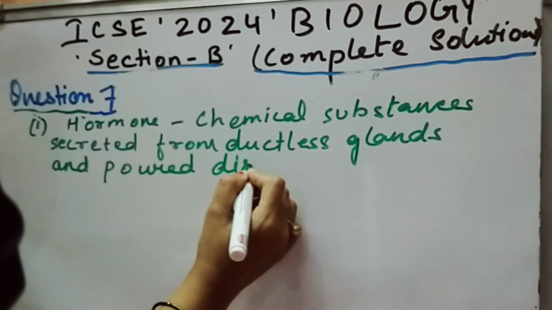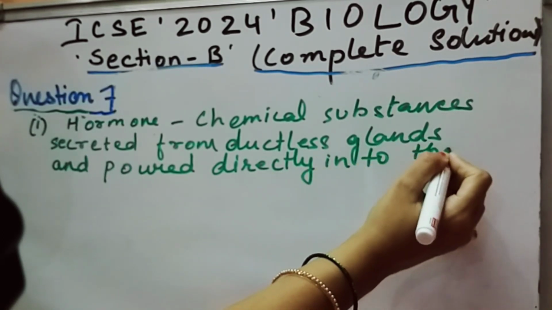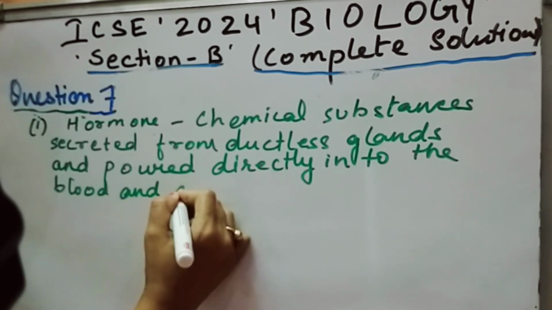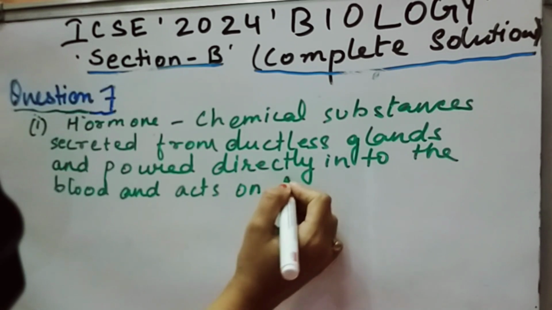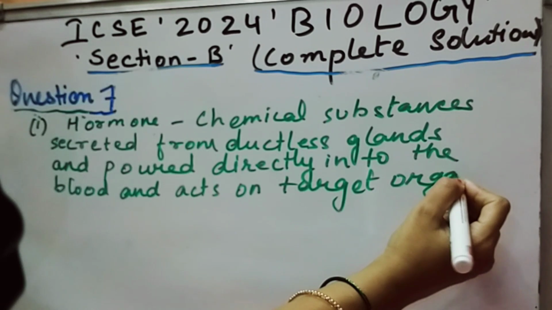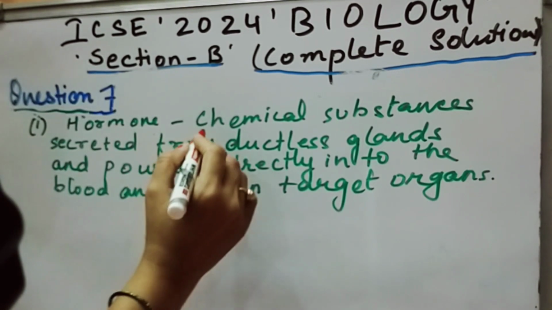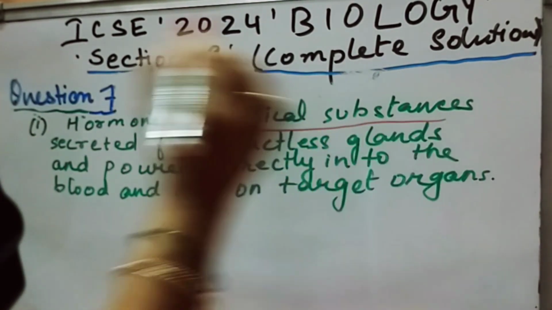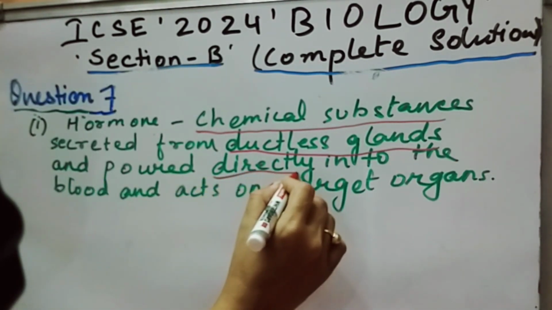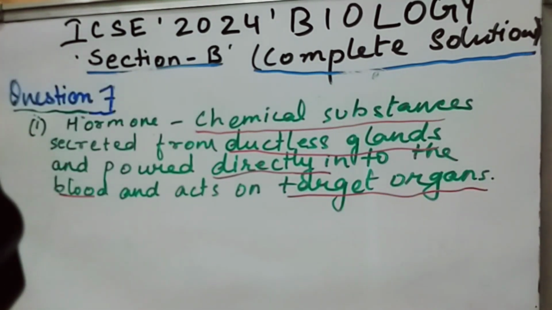And next keyword, acts on target organs. So the keywords here: first one, chemical substances. Second one, ductless gland. Third one, directly into the blood. And the last one is the target organ.